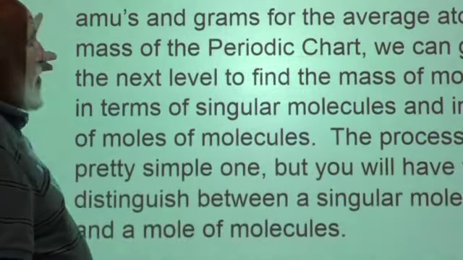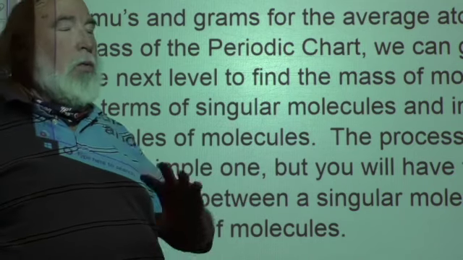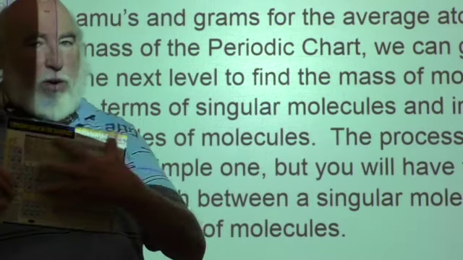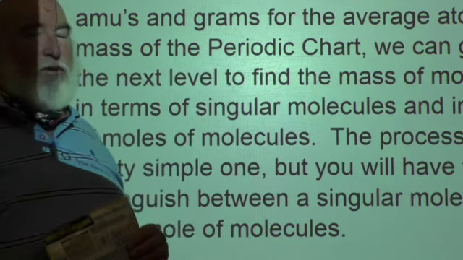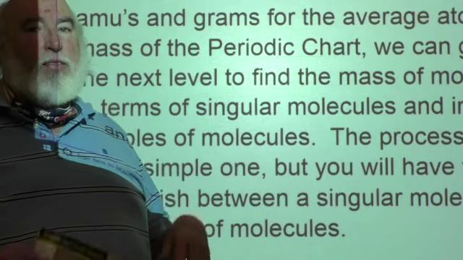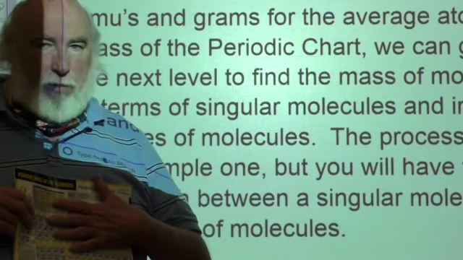Okay, so the number 6.02 times 10 to the 23rd will not come into play for this because we're dealing with grams on this, which is the average atomic mass. If I was looking for quantity of molecules, then yes, but we are not doing that. This is all about the periodic table.